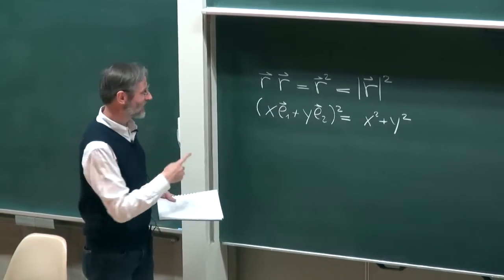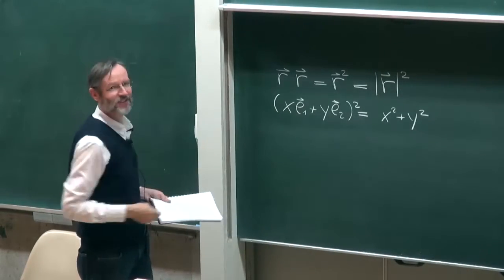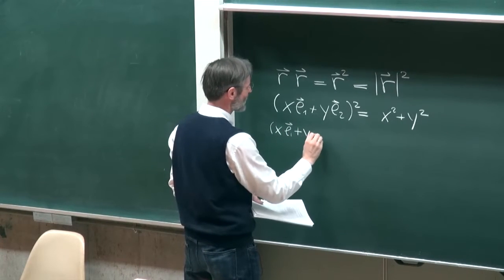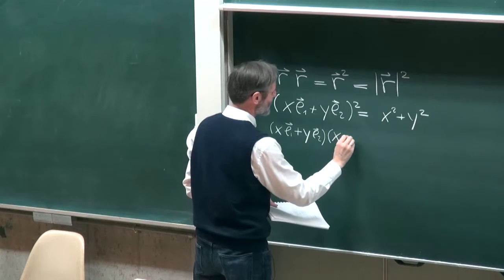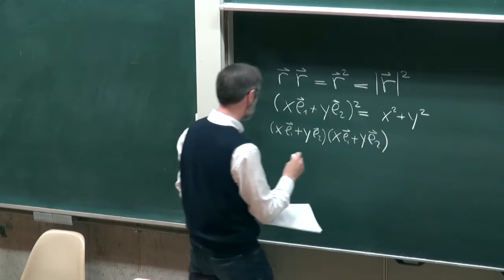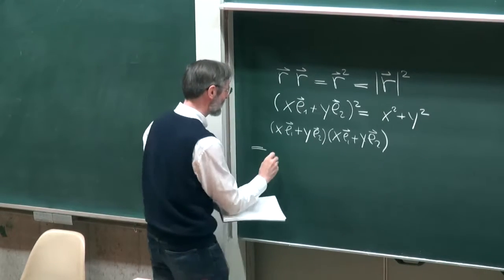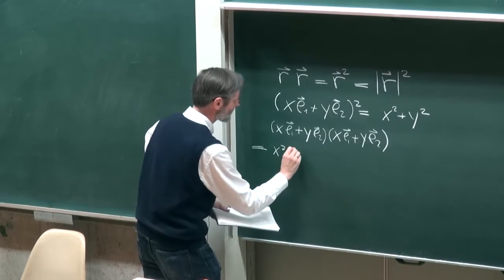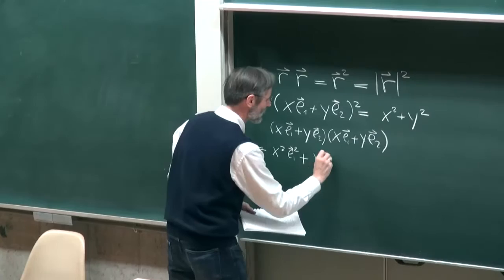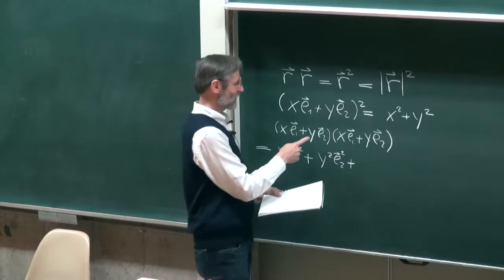And now we can multiply the left side in detail and see how it can agree with the right side. So x e1 plus y e2 times x e1 plus y e2. If we multiply that, we get x e1 times x e1, that makes x squared e1 squared. And we also get y e2 times y e2, which makes y squared e2 squared. And then we get the mixed products.